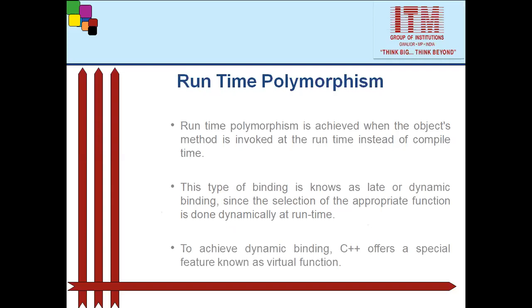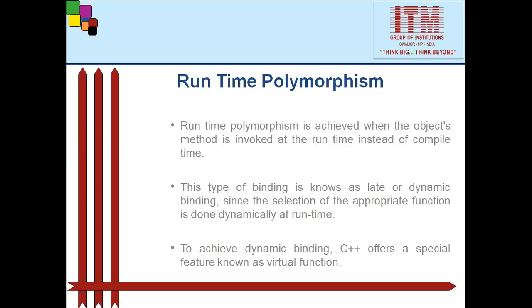But in runtime polymorphism, which function we have to execute is decided at runtime. So choosing a function during execution time is dynamic binding. Dynamic binding means linking of a procedure call to the code to be executed. Whichever procedure we have to execute is decided at runtime.